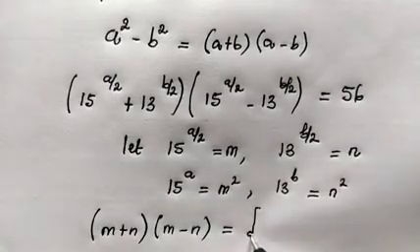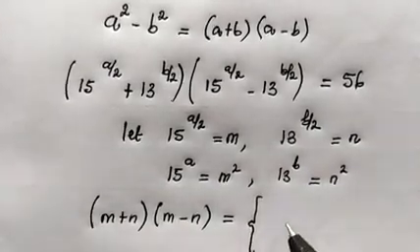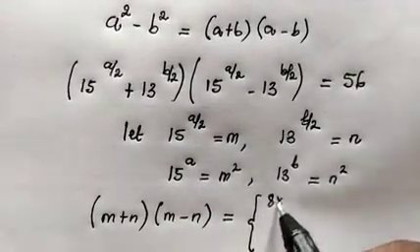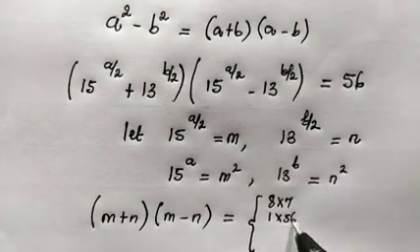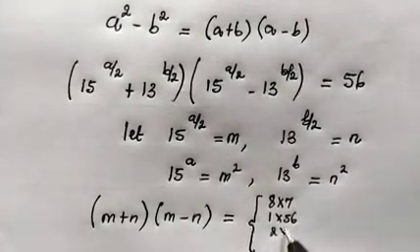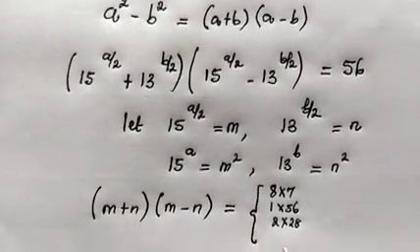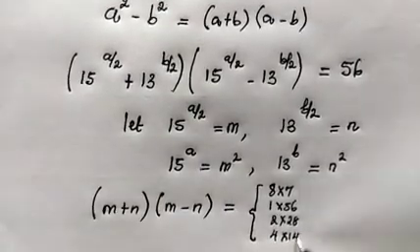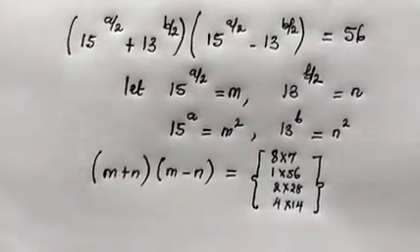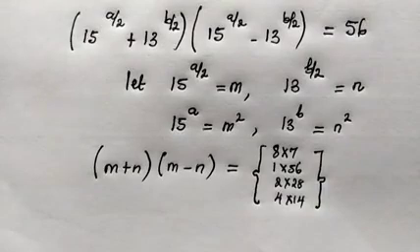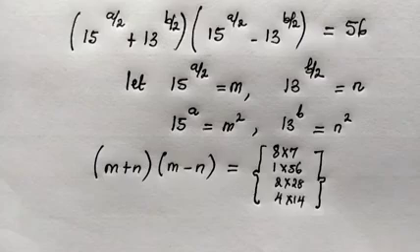We can factor 56 as follows. Either we use 8 times 7, or we use 1 times 56, or we use 2 times 28, or we use 4 multiplied by 14. Remember, we are solving for integer solutions for a and b. Therefore, we're expecting m and n to be positive integers, right?